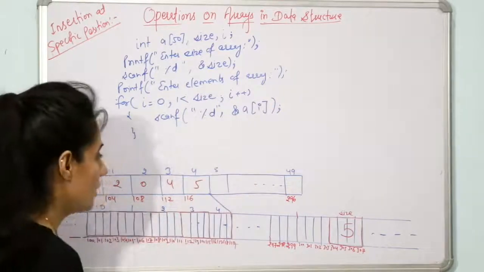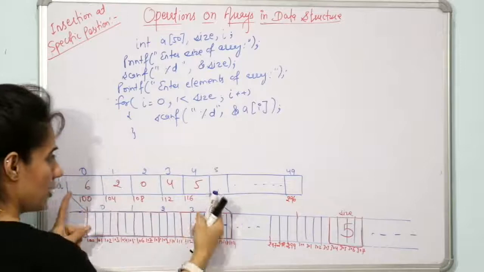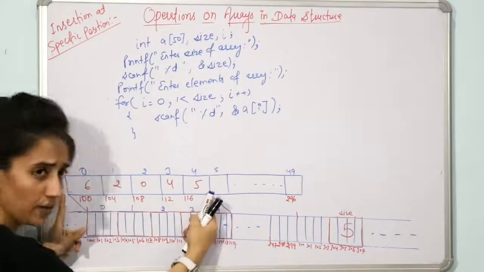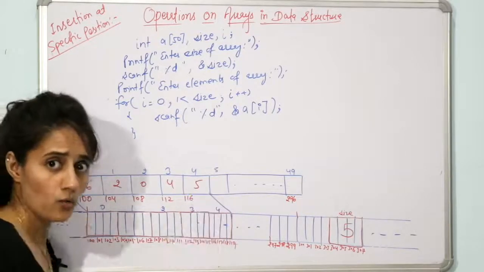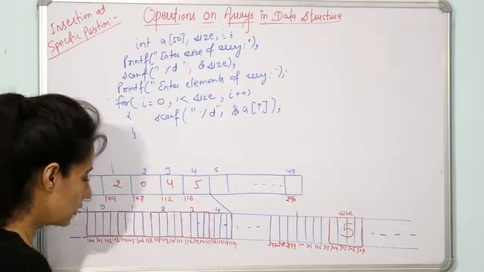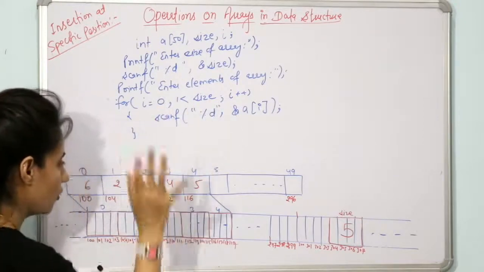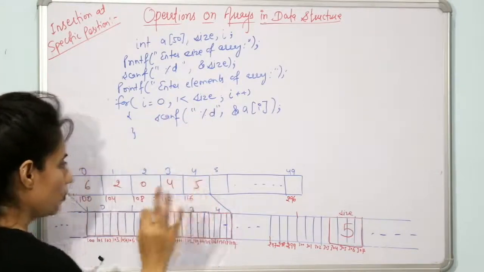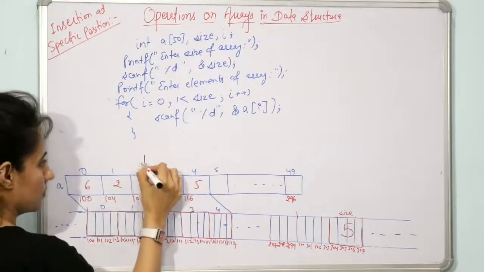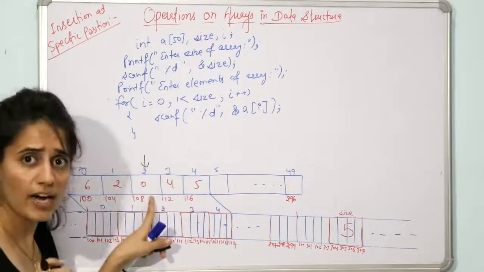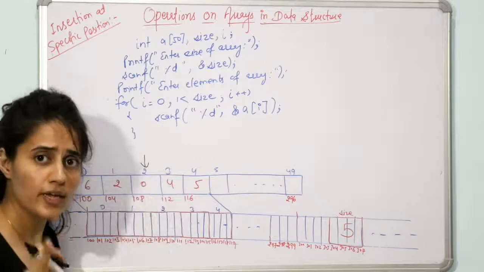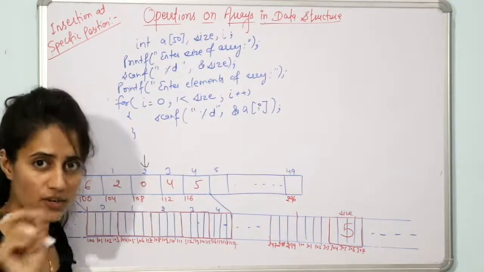Fine. Now see, I am going to take the same example. We are having only 5 elements. Fine. Now how to insert? First of all we will discuss with the help of one example, then we will write the code. Now suppose at position 3, see, I am going to take index and position as different things.